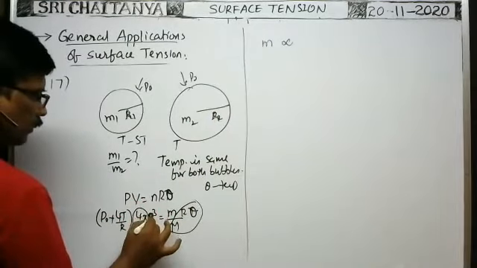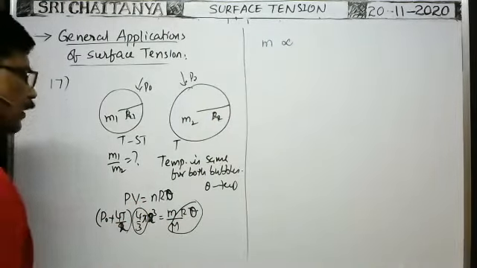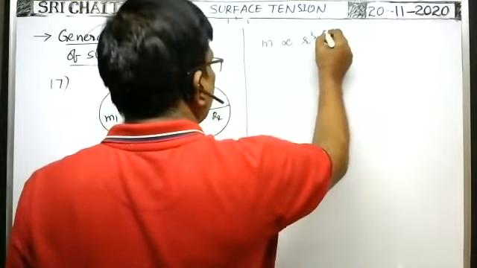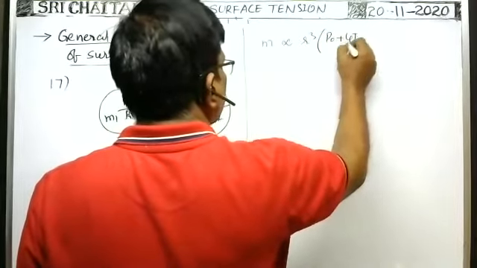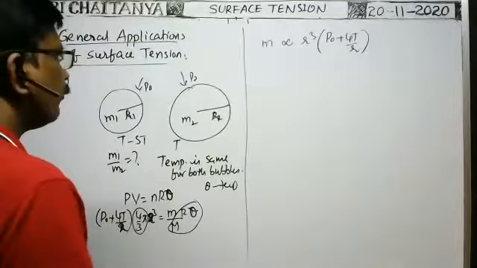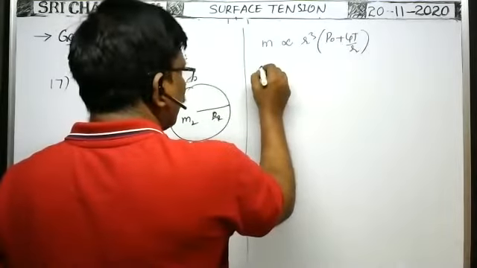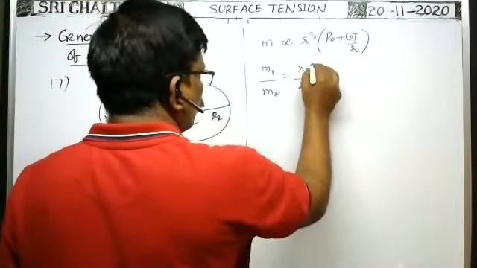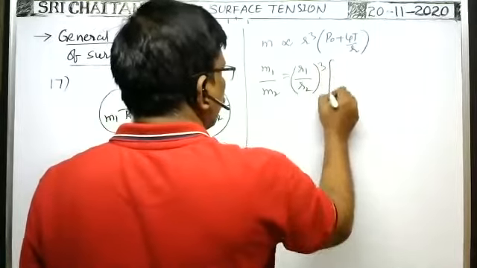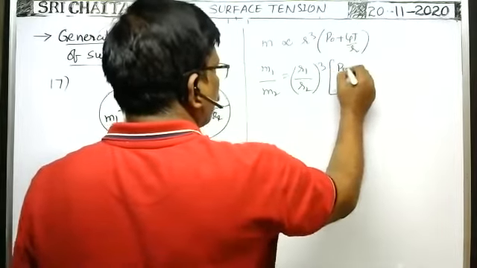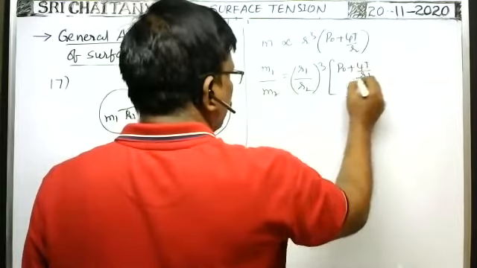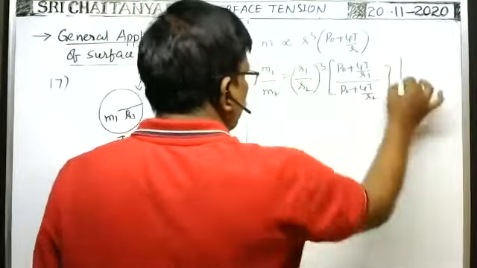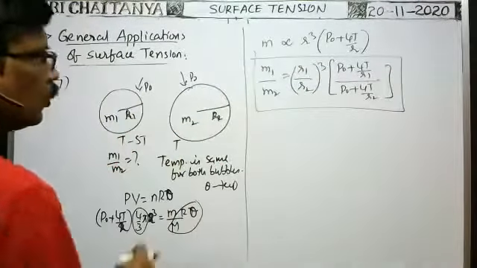Therefore, the ratio between the masses of the air inside the bubbles, M1 by M2, is equal to (r1 by r2) whole cube into (P0 plus 4T by r1) by (P0 plus 4T by r2). This is the ratio between the mass of the air inside the two bubbles.